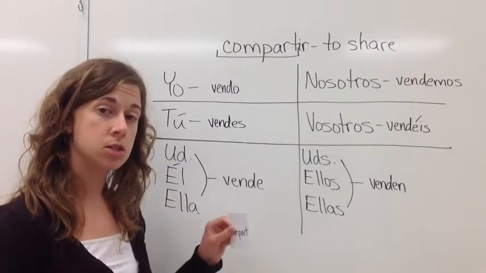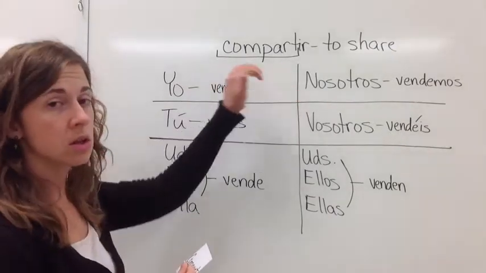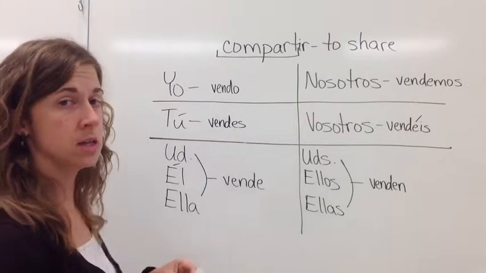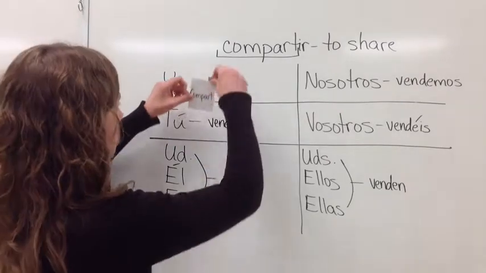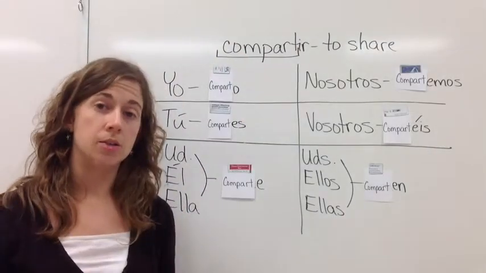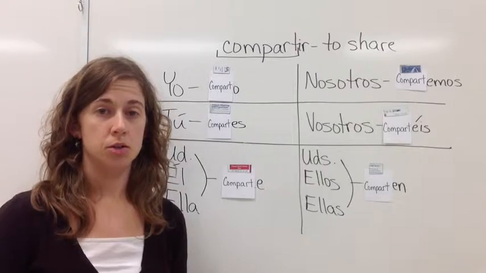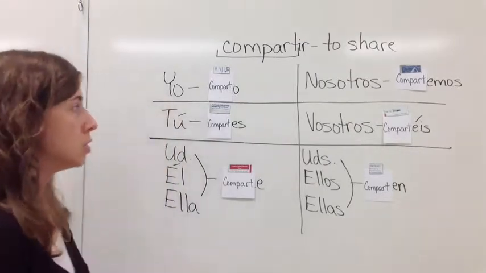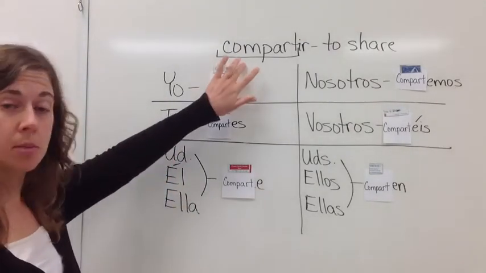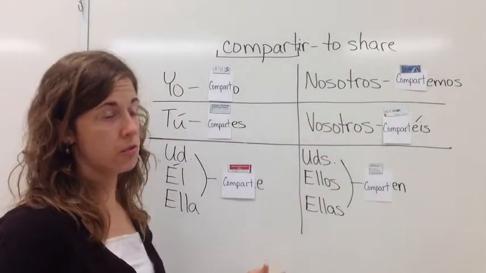So while I'm doing this, you need to be rewriting compart over and over again into your chart. Okay, again, if you need more time, don't forget you can pause the video until you're ready to move on.